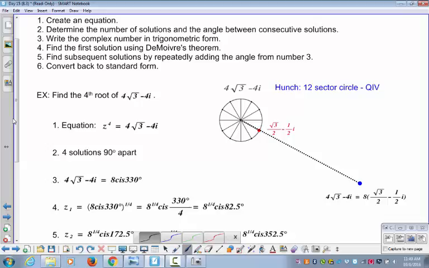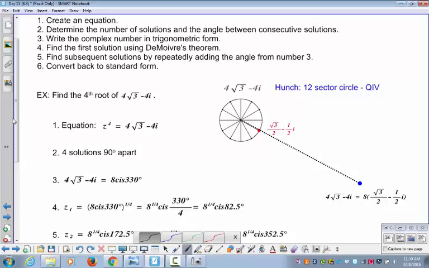Took 360 divided by 2. For looking for 4 solutions, they have to be how far apart? 90. We took 360 divided by 4. If there's 8 solutions, we take 360 divided by 8. They're 45 degrees apart. All right. Then we're going to write the complex number in trigonometric form. And the complex number that I'm talking about is the number we're trying to take the roots of.